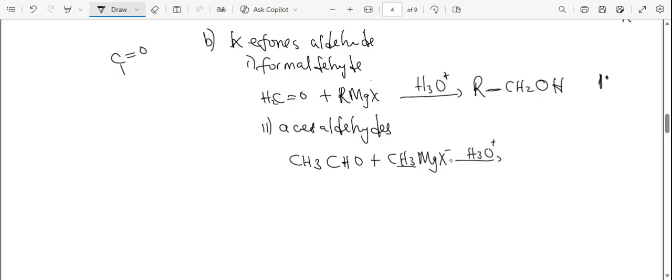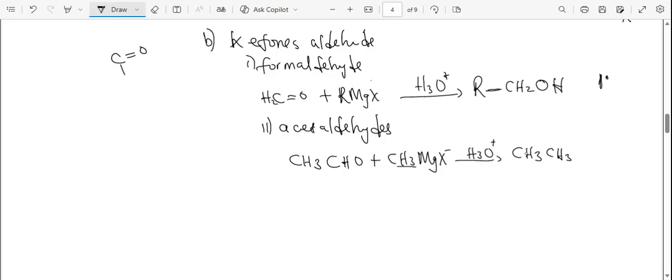So it will come there, it will be CH3, and it will bond there behind this CH3. Again we have the CH3 which was there. Then we have now this alcohol.